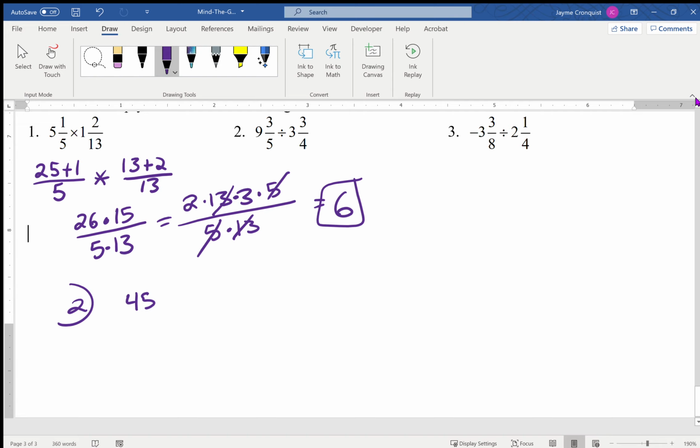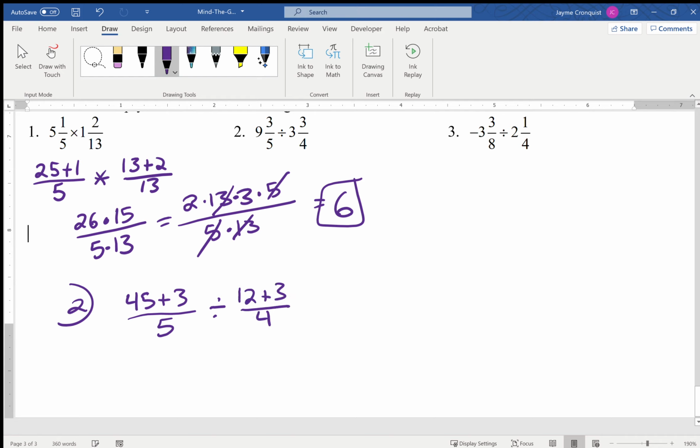Sorry, 9 times 5 is 45 plus 3, divided by 3 times 4 is 12 plus the 3 over the 4. So we have 48 over 5 divided by, so I'm going to flip and multiply, 4 over 12 plus 3 is 15.